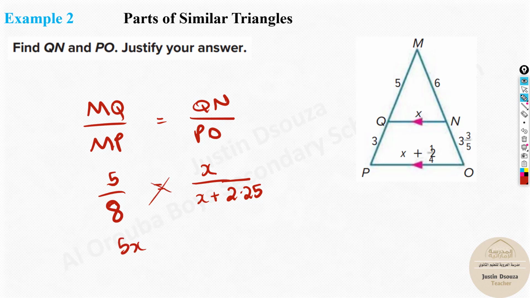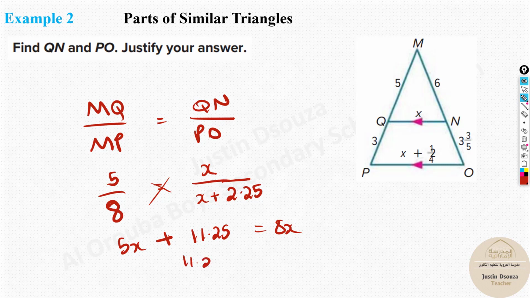It'll be 5X plus 5 times 2.25, which would be 11.25, right? 0.25 times 5 would be 1.25. Yes, it will be this. Equals 8x, and take this 5x to the other side.